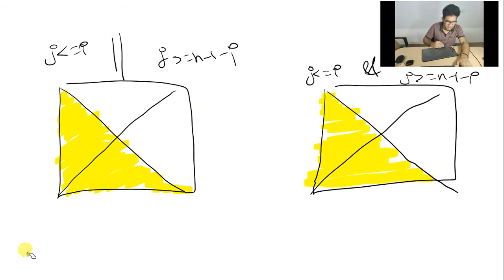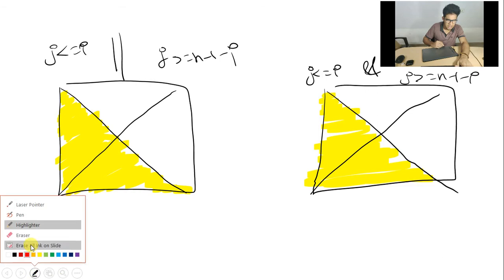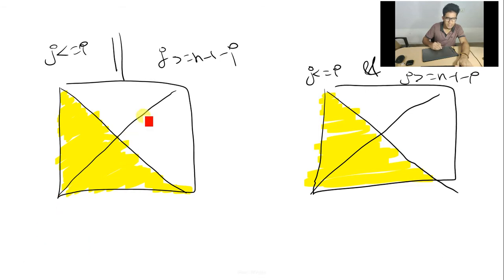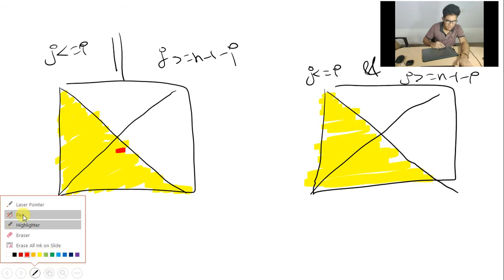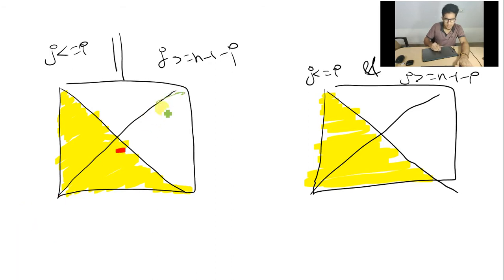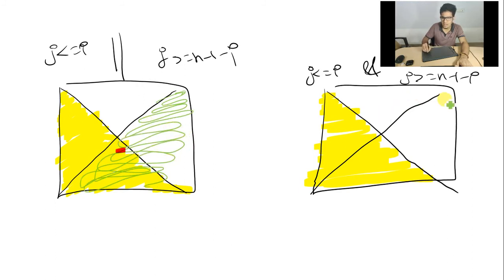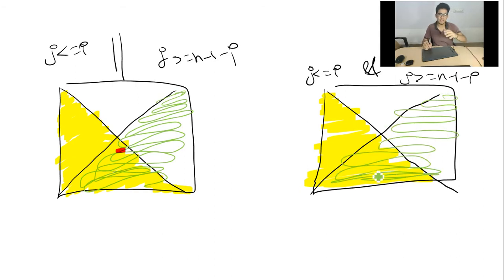That color doesn't work, maybe let me use the pen itself. So if I say J is greater than or equal to I, this is the area which it will shade.